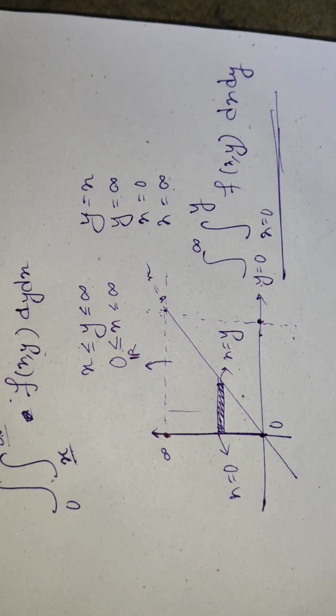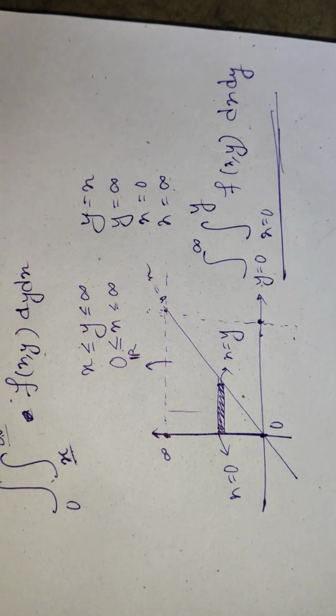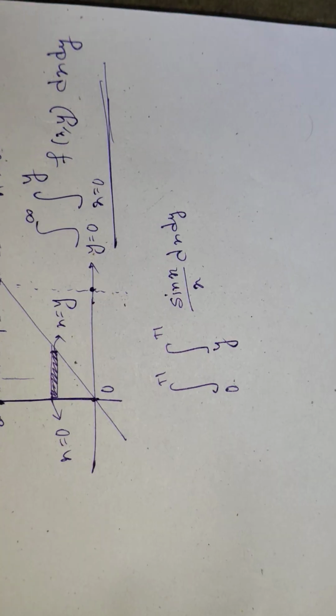Now the question which arises is why we are using this change of order. We can simply solve using the given order which is provided by the examiner. Wait a moment, I'm setting a question.